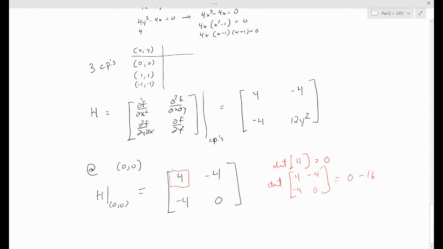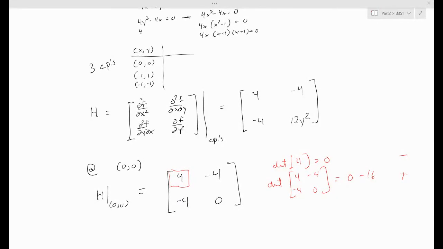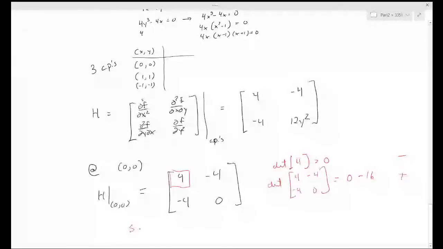So it doesn't pass the positive definite test. It doesn't pass the negative definite because remember we would have to have negative positive. So it's neither, so we can say that we have a saddle. So there's a saddle at the origin.